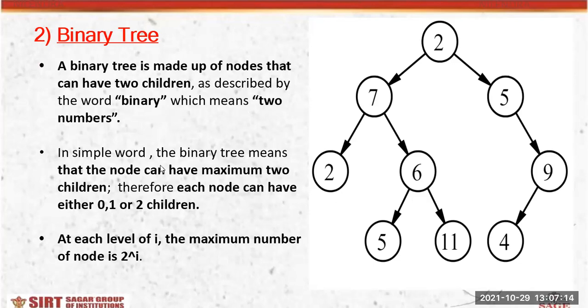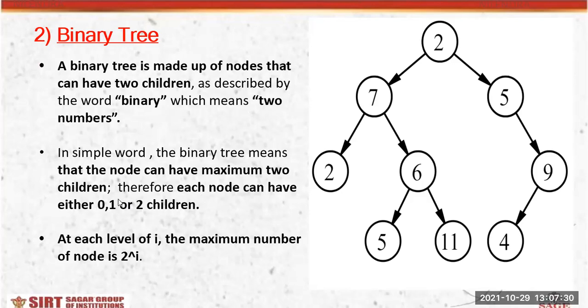So the purpose behind a binary tree is that a node can have a maximum of two children. Keep this point in mind. The node can have maximum two children. Therefore, each node can have either 0, 1 or 2.